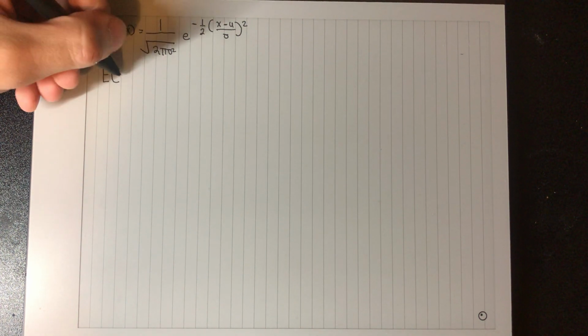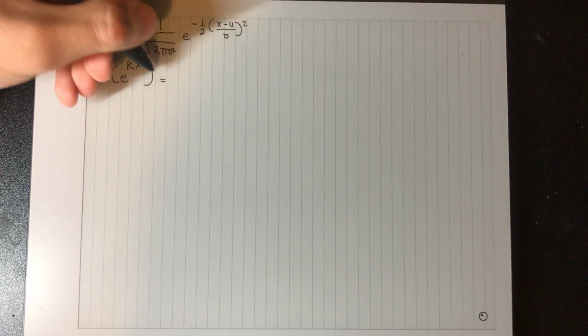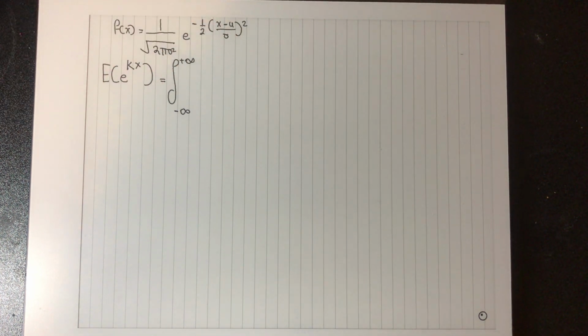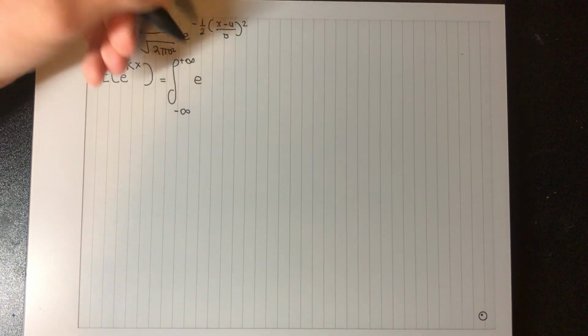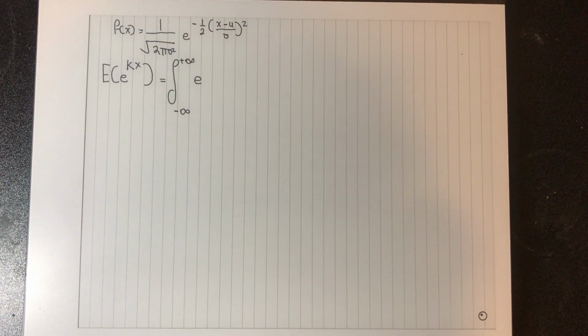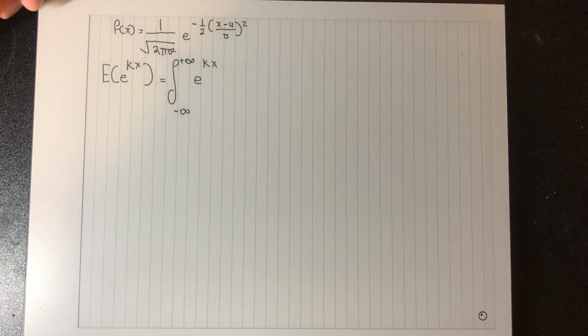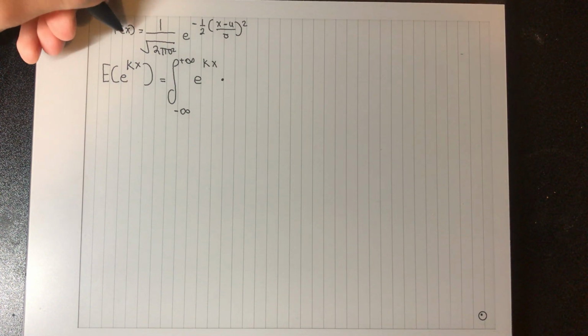So what we need to evaluate is the following, which is equal to the integral going from negative to positive infinity, because these are the bounds of the normal distribution. The integral of the value which we are trying to compute the mean of, which in this case is e to the power of k multiplied by x, multiplied by the density function, which is the density of x.